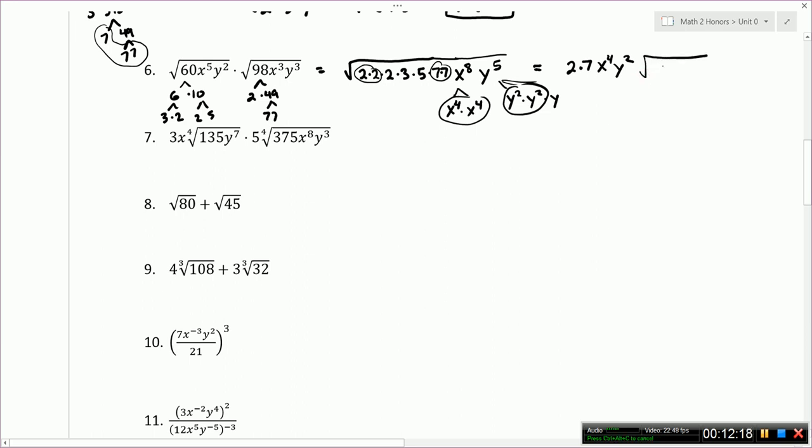And what's left is 2 times 3 times 5 times y. And continue simplifying, we end up with 14 x to the fourth y squared times the square root of 2 times 3 times 5 is 30 y.